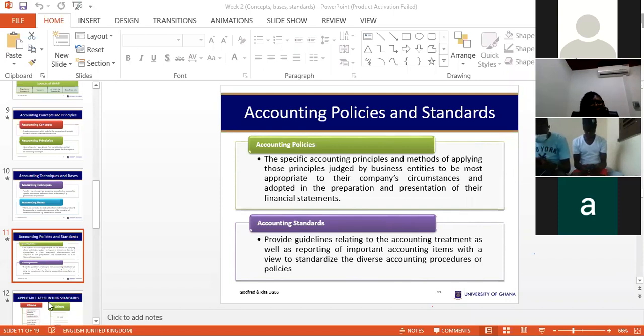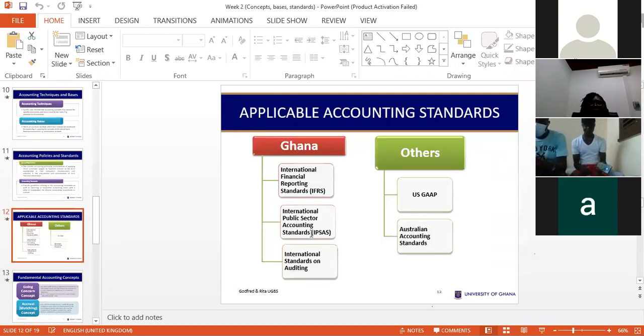Now, with respect to the accounting standards, in Ghana, currently, we are using the International Financial Reporting Standards. We have about 1 to 41, and then we have 1 to 16. So 41 plus 16, of course, some have been repealed. It used to be International Accounting Standards. Then every time they are reviewing it because of the changing dynamic environment.